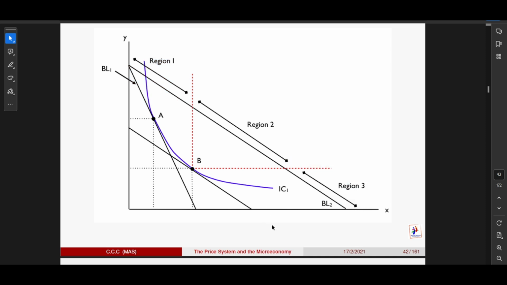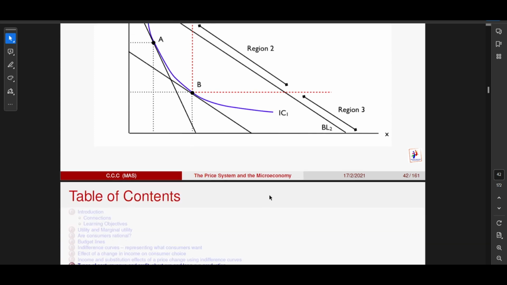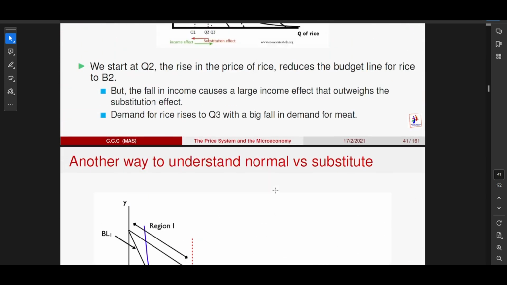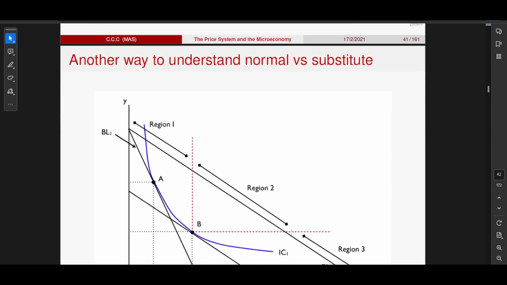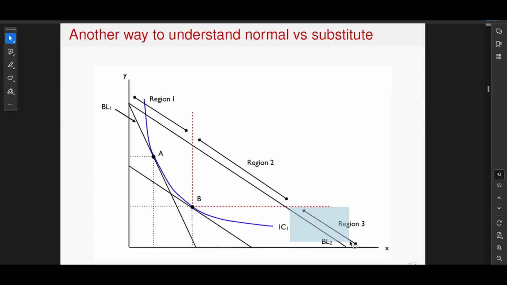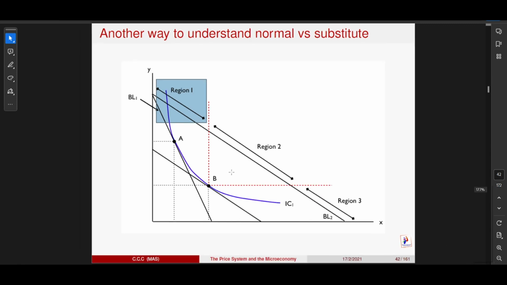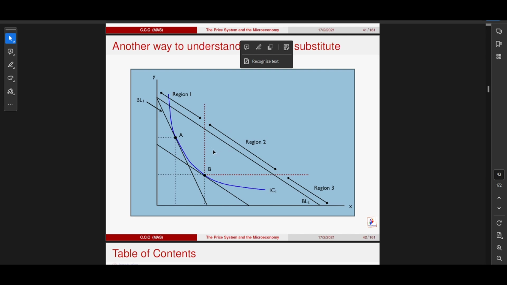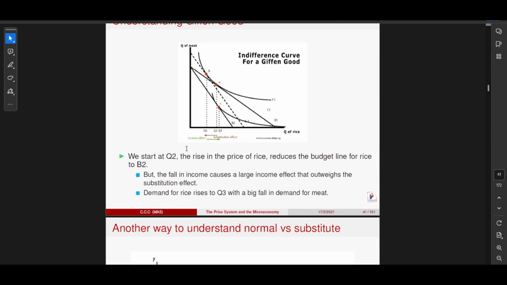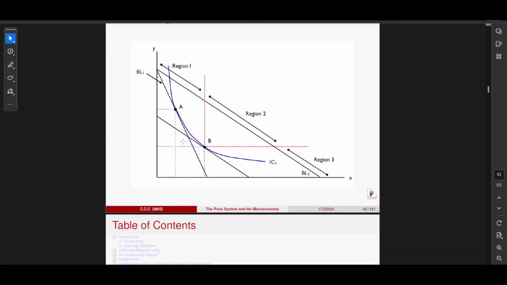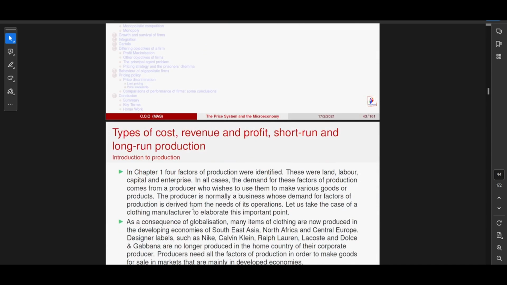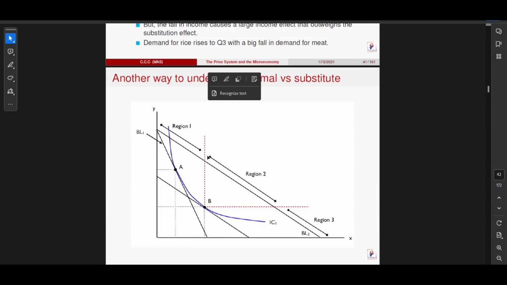We can do something similar with this, and we're basically saying this portion is basically inferior, and this is normal, if I remember correctly. Brain is not working, I can't remember. Let me see. All right, so that's a general idea there, right?